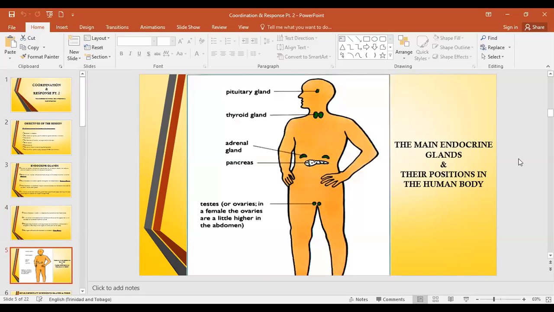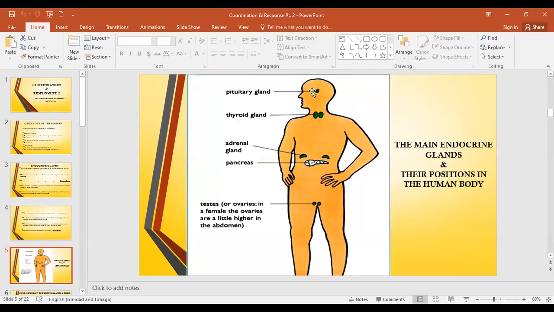So yes, these are where your various endocrine glands are located, where hormones will be secreted, okay? You all have to know the position of these endocrine glands, which is just basically this picture, all right? So we have the pituitary gland, right, which I showed you all a scan of the brain and where it is actually located.